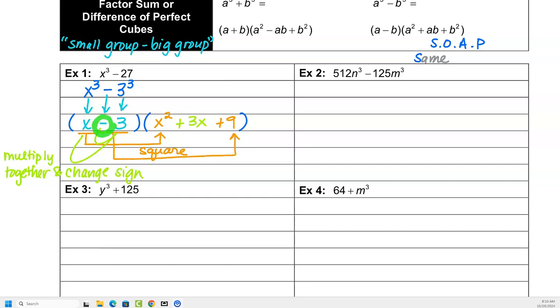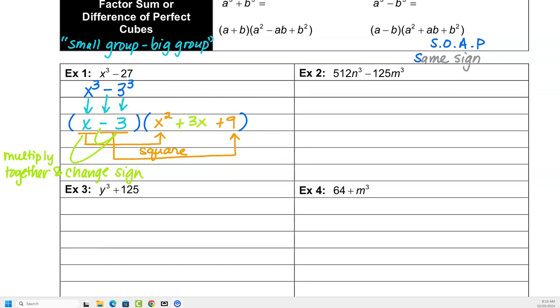So the sign that is in this location right here is the same as the sign above. Got it? So do I have the same sign? And the answer is yes. So I should write same sign.